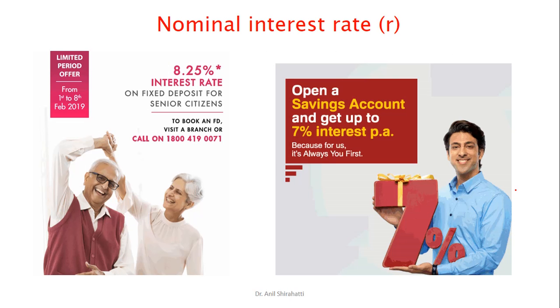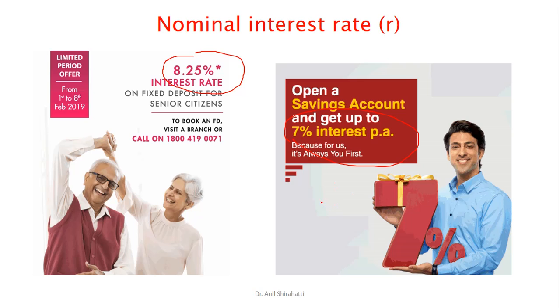Many times you have seen pictures like these on television, in papers, or in digital media. In the right picture, the person is saying 7% interest rate per annum. Here the interest rate is 8.25% per year and there is a star.